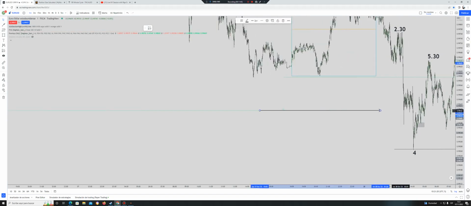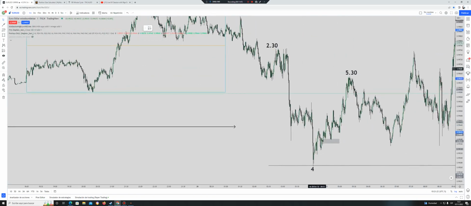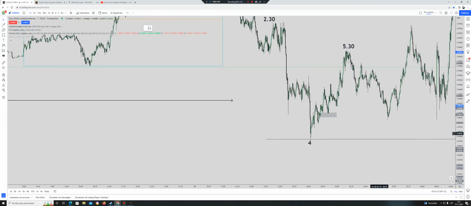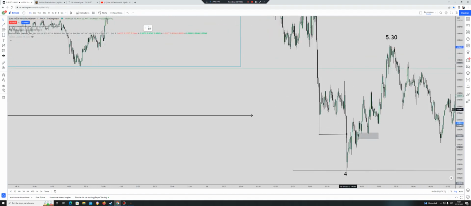So look how the first 90-minute cycle went straight to take that liquidity, and after that we got the last sweep. Look how here it wasn't 4 yet, or here 3:30, so it's 4 here, but now look at this, at 4 we saw the sweep.